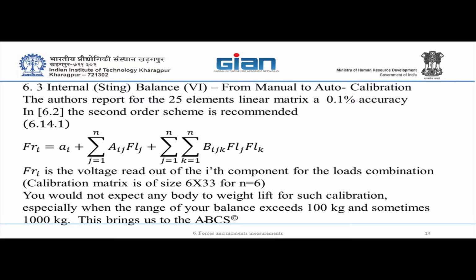So at first, you take just an arbitrary map of loads, just a square map of loads. You just have to keep your loads within the limits of the balance.